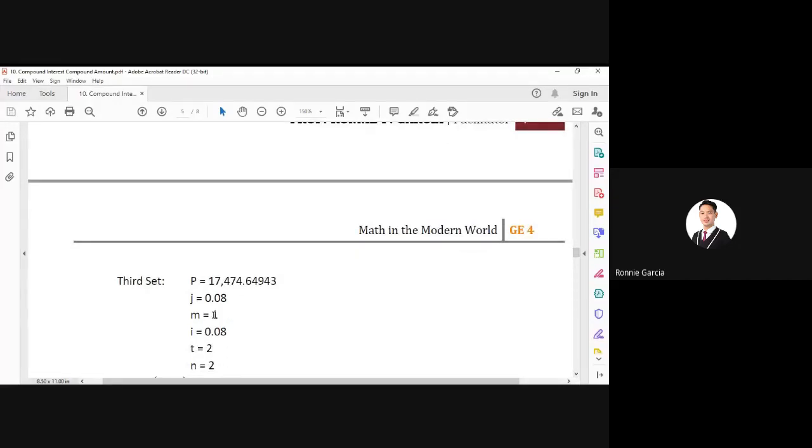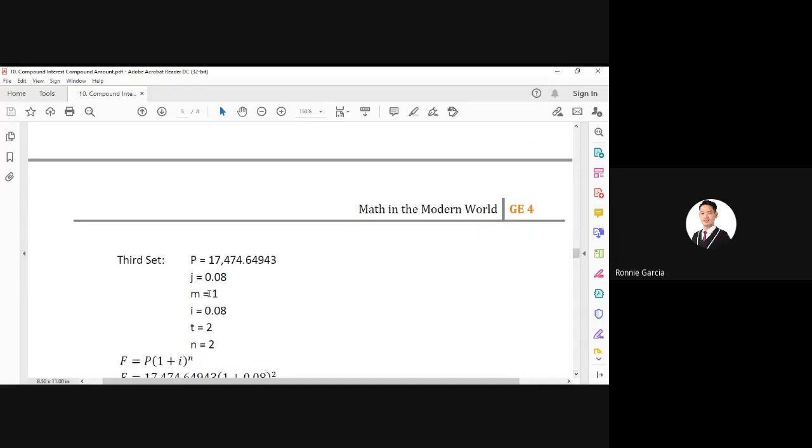Annually man siya, so walay problema, M is equal to 1. So, kung unsa imuhang J, that's 8%, mao gihapon to imuhang I, kay 1 lang man. Divided by 1, mao man gihapon. Ang term nimo is 2, ang imong N, 2 gihapon, kay 1 lang man ang multiplier niya ang M, annually.